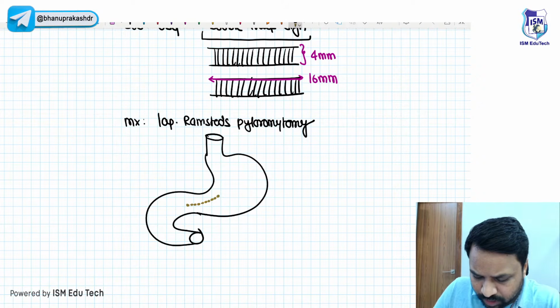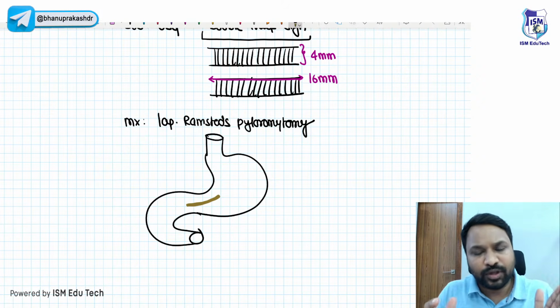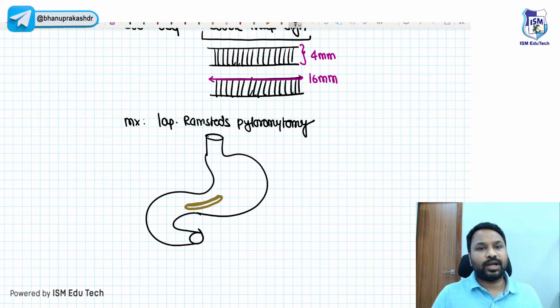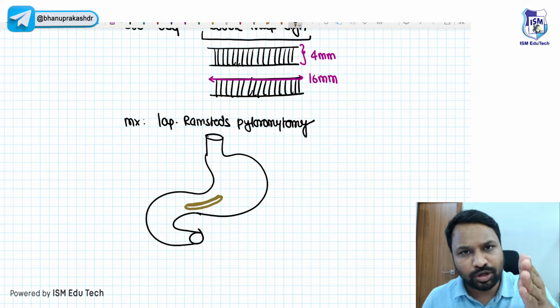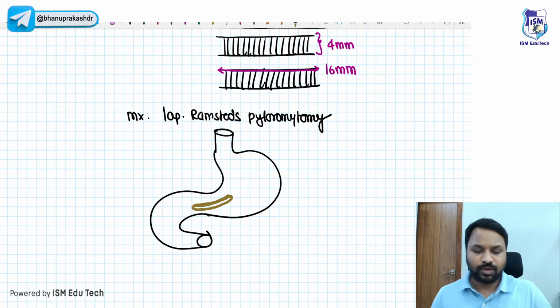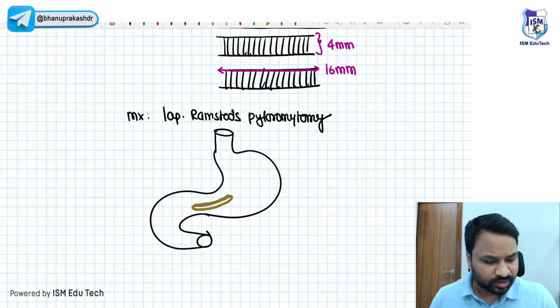I will go deep into the, see, as you open serosa, then what do you have? The longitudinal muscles, and then I'll open the circular muscles and I'll allow the mucosa to bulge out, right? So I will deepen the incision till the circular muscles are divided, allowing the submucosa to expand. Hence, this is what we call Ramstedt's pyloromyotomy.